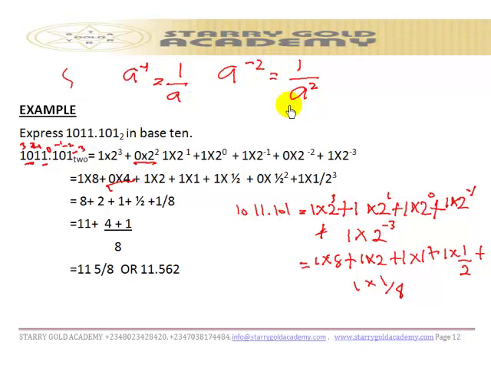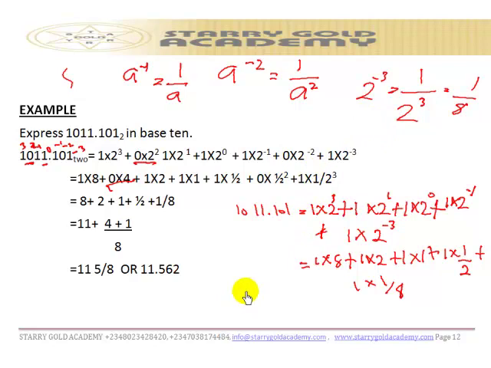So when you have a negative index, your answer will be 1 over the positive. In this case, I had 2 raised by -3, so my answer will be 1 over 2 raised by 3, and that's 1 over 8. I guess that's understood, how to deal with a negative index in number base.